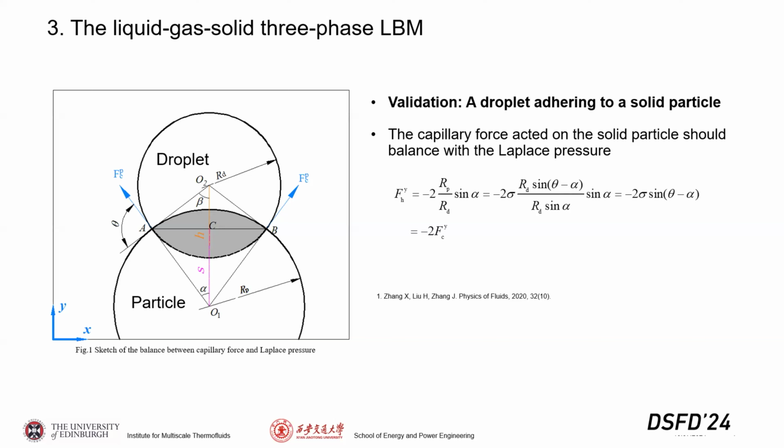For the particle itself, the Laplace pressure given by the droplet should balance perfectly with the capillary force, so the particle can keep static. Otherwise, it will move with unphysical velocity. We use this force balance as an analytical solution to check if we can capture the capillary force and also the pressure correctly.